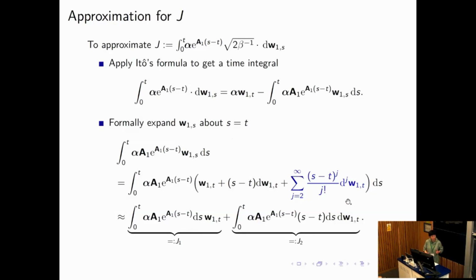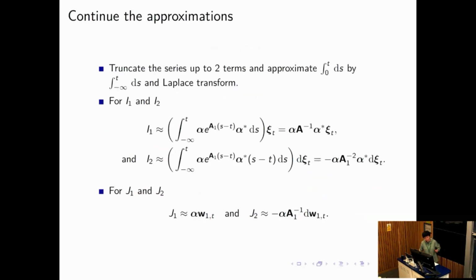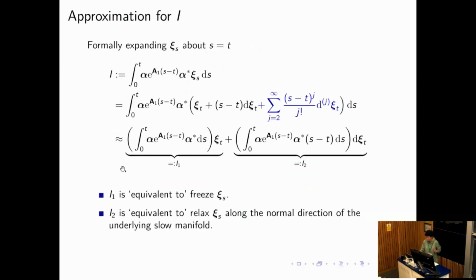And there's another strong reason we do not keep more terms: because of the higher derivatives of Brownian motion, at least for me, I don't understand. So at least for the first two terms, it makes sense. So let's put everything together. We first have previously I1 and I2, the truncation of the memory integral, and it's from 0 to t.